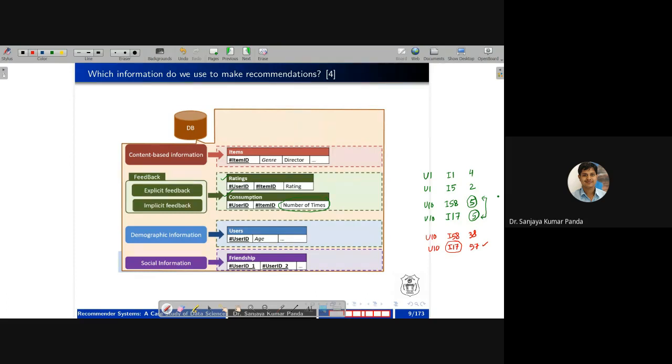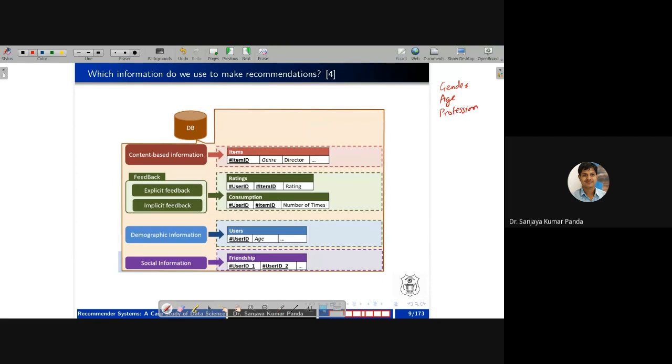In this way, the rating table is different from the consumption table. Now, coming to the demographic information, we have seen three different demographic attributes: gender, age, and profession.